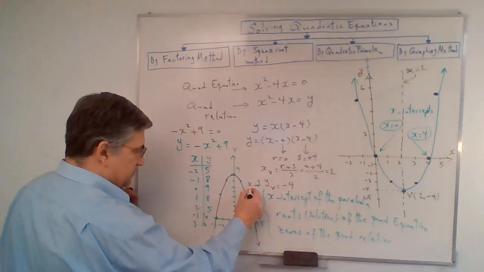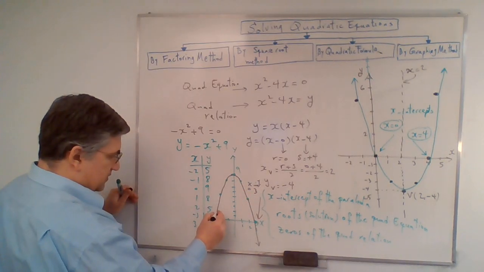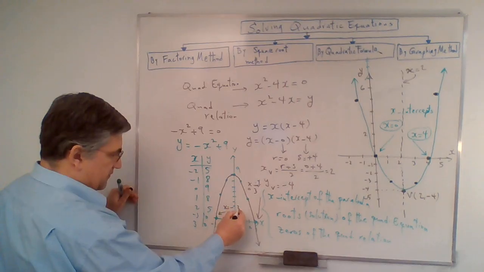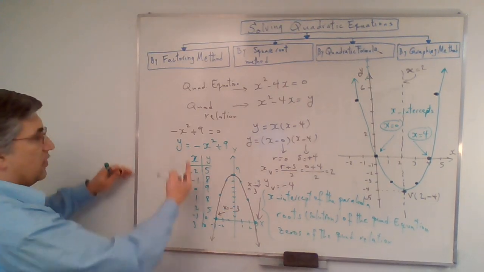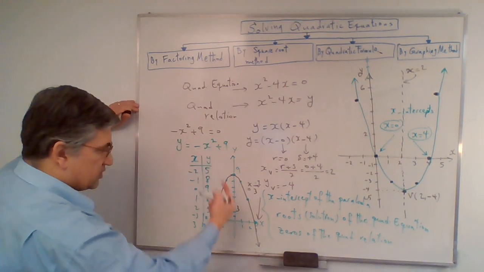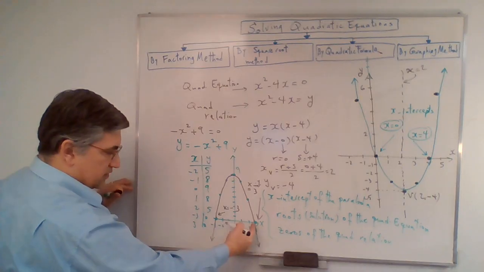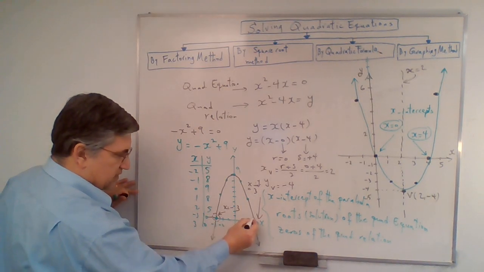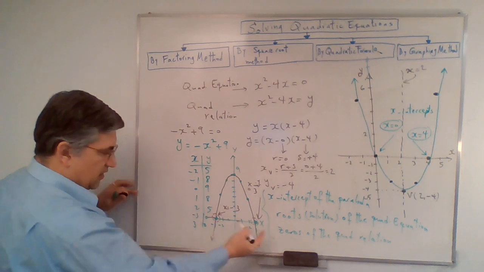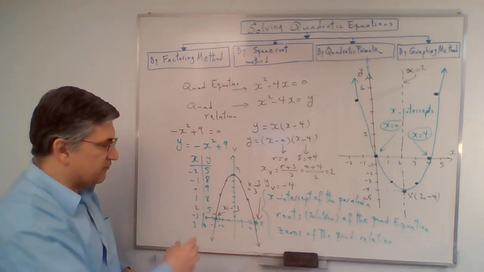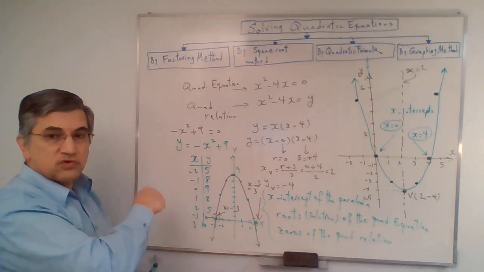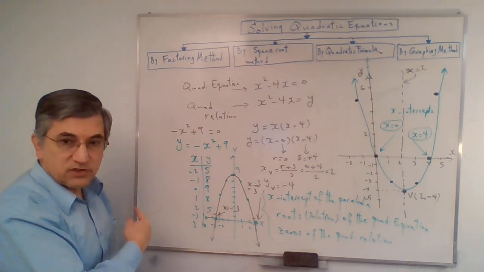This x-intercept equals 3, and this other x-intercept right here, x equals negative 3, is the other root. So we're going to say that this quadratic equation has two roots. One is x equals negative 3 right here, and one is x equals positive 3. Whatever the x-intercepts of your parabola are, those are actually the roots of that quadratic equation.